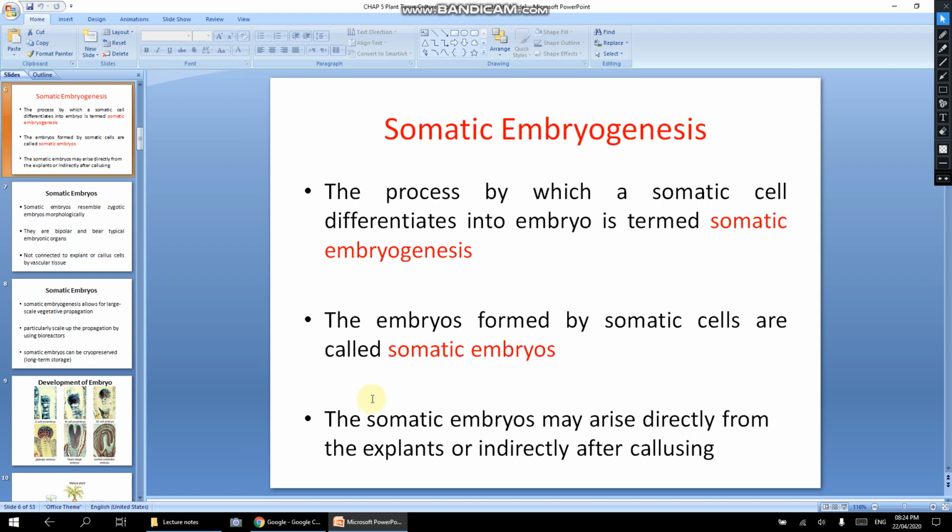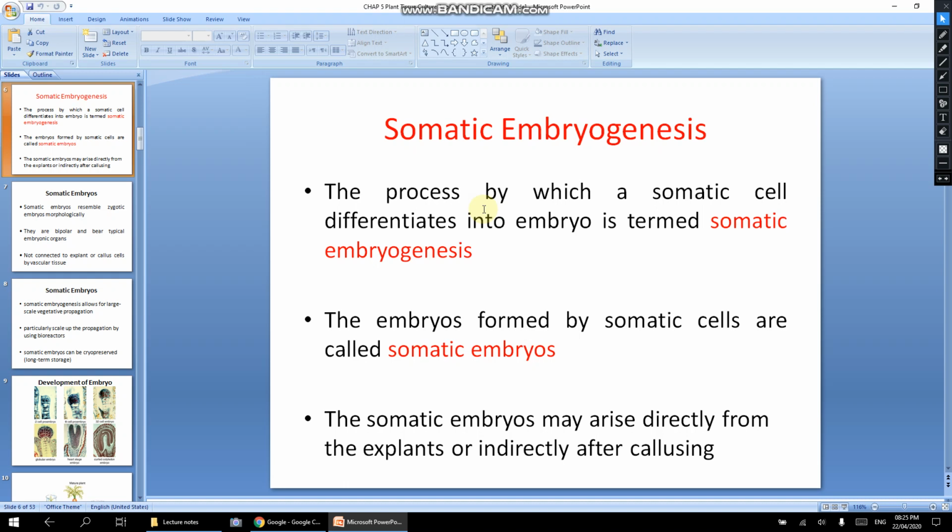Next one, you move on to somatic embryogenesis. So usually when we have somatic cells, they will turn into a normal plant, but they will not produce embryo. But in this case, if you grow tissue culture, you can actually induce them to become somatic embryo, and somatic embryo is actually called synthetic seed.